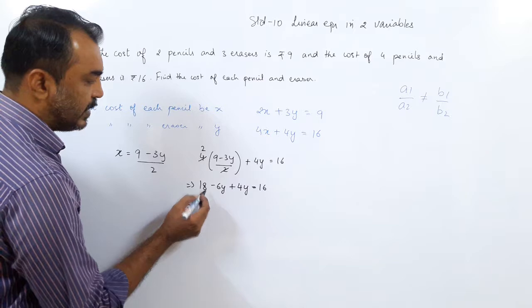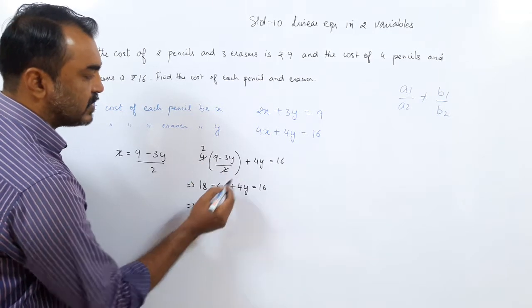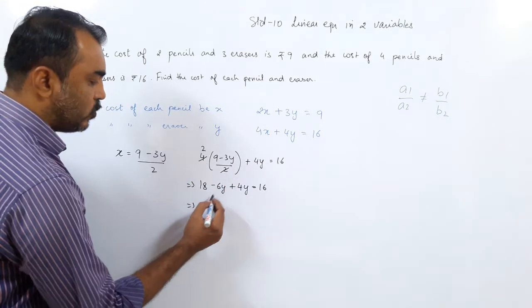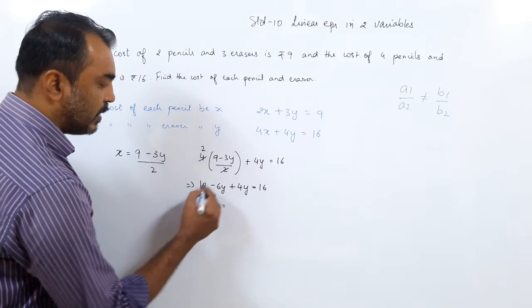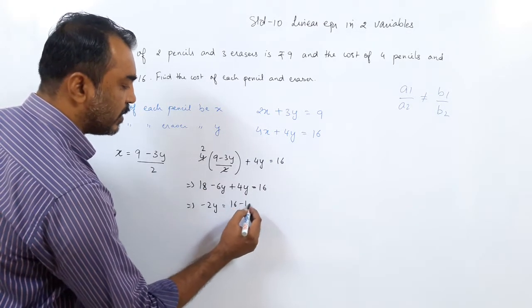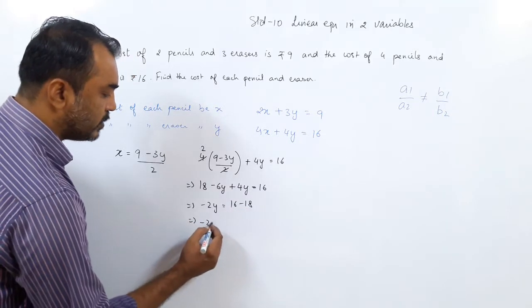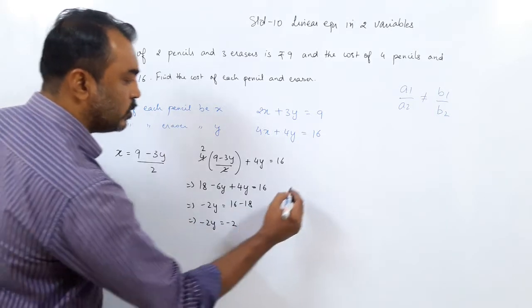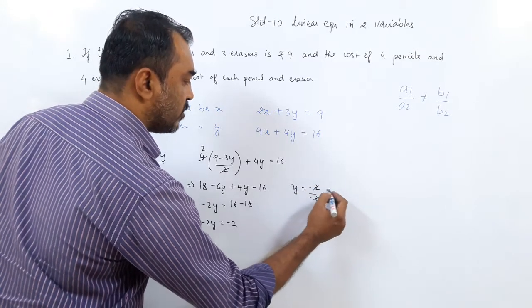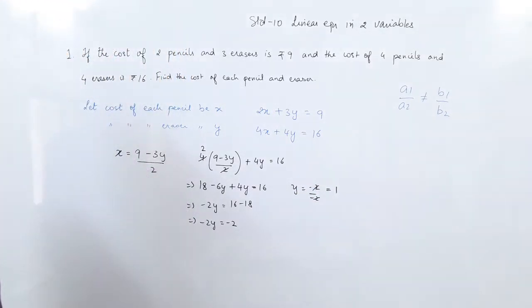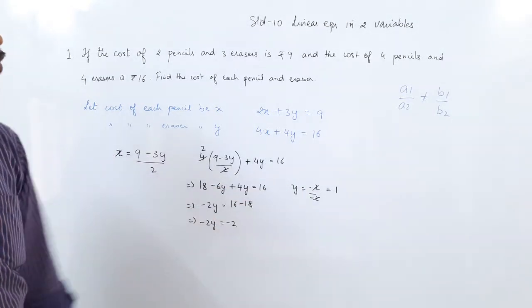How? 2 nines are 18, 2 into minus 3y is minus 6y, plus 4y as it is. Now minus 6y plus 4y is minus 2y, and 18 goes to this side, becomes 16 minus 18. So we have minus 2y equal to minus 2, or y equal to minus 2 upon minus 2, y is equal to 1. So now we got y equal to 1.